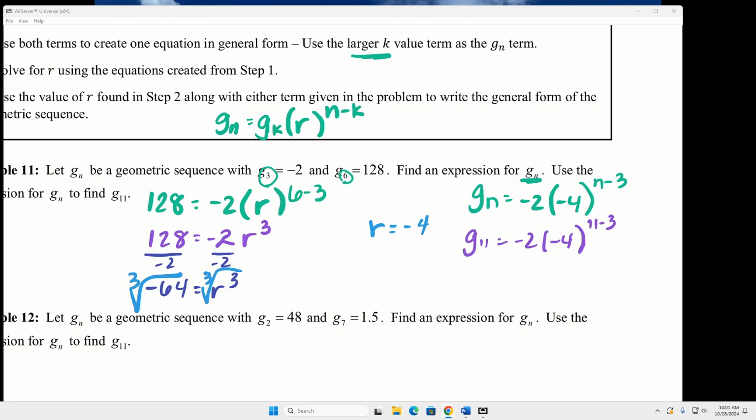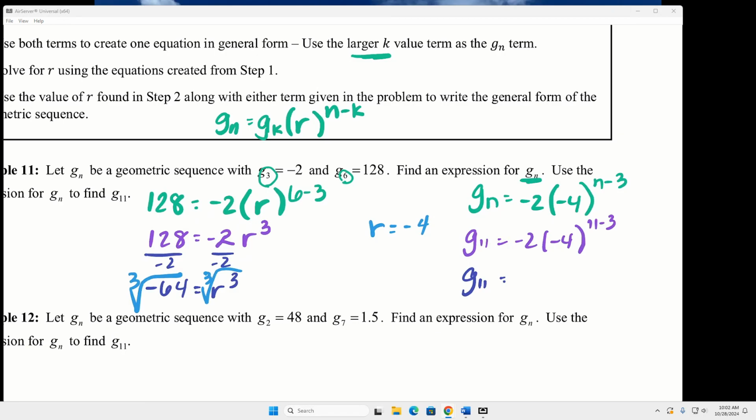I don't think that this is something they would expect you to do without a calculator. It would be super annoying if they did. I don't think they would. So they don't expect you to know what negative 4 to the 8th is. All right, so I'm going to plug that into the calculator.